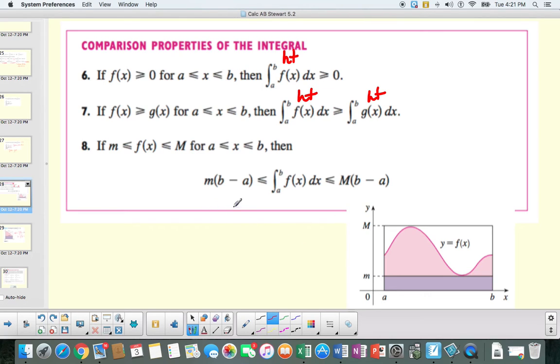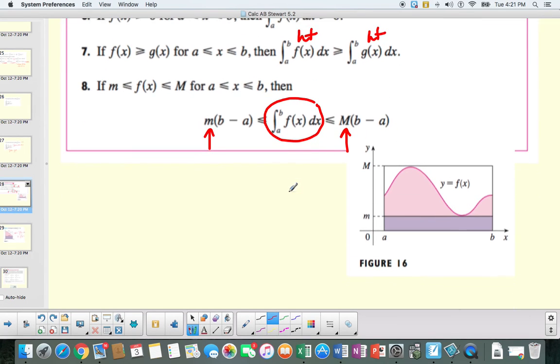And this last one says that if you want to have a boundary on this area, then take the smallest y value times the width of the interval and the largest or maximum height times the width of the interval, and this area must be between them.